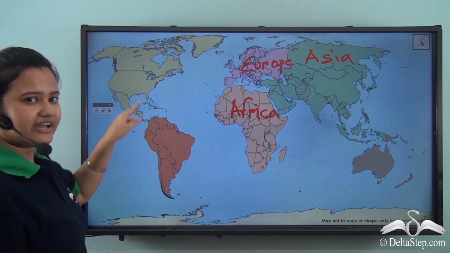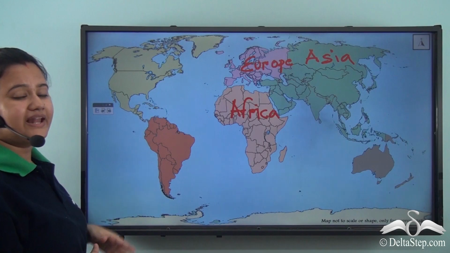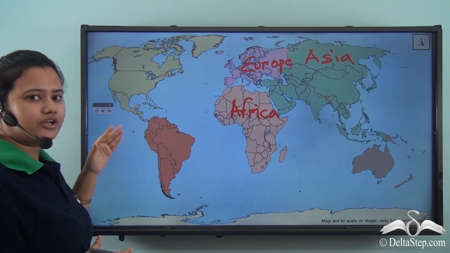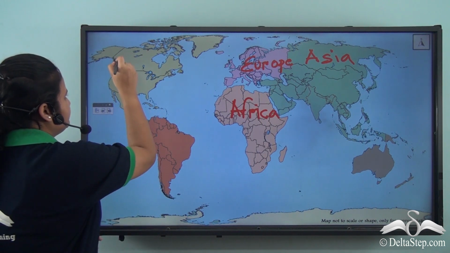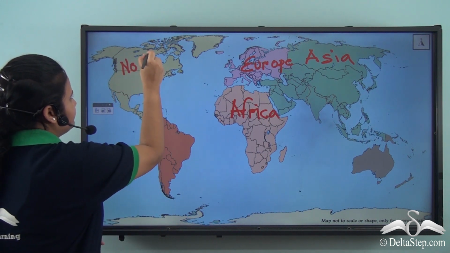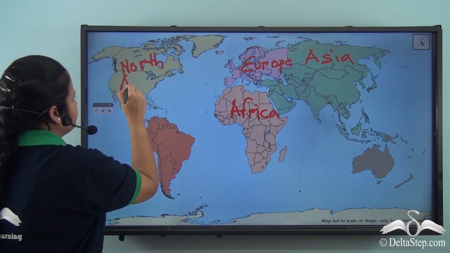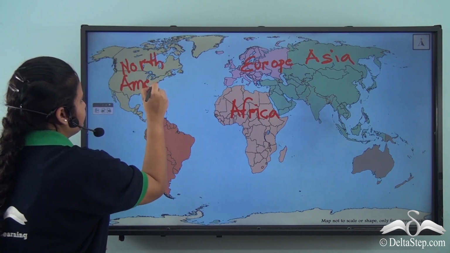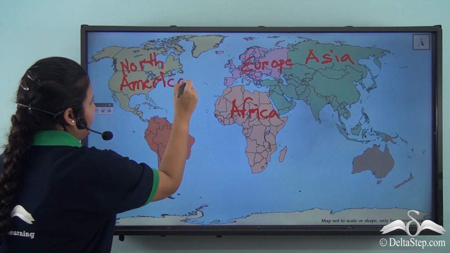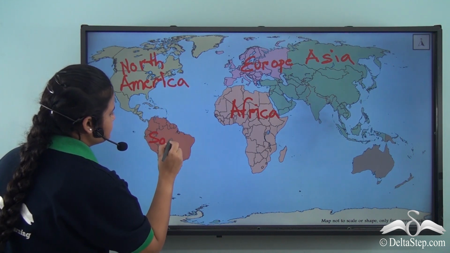Now, can you identify these two continents? Well, these are the continents of North and South America. To the north, we have North America. And to the south, we have South America.